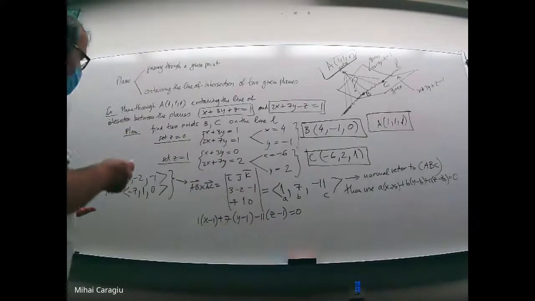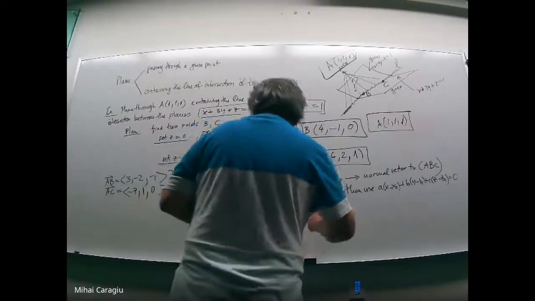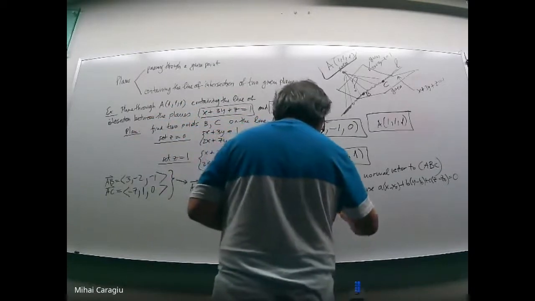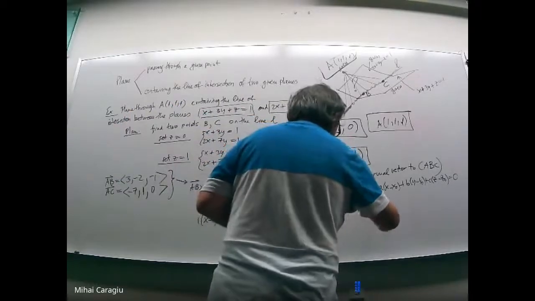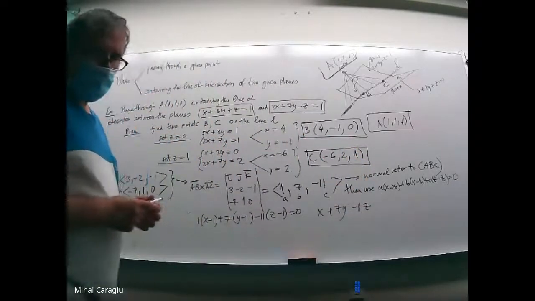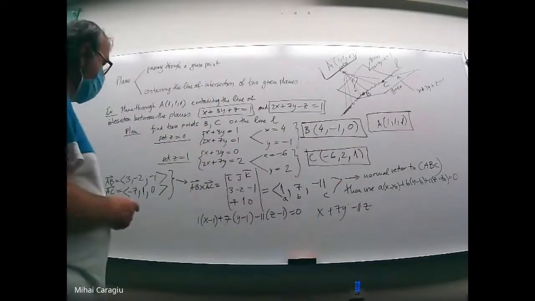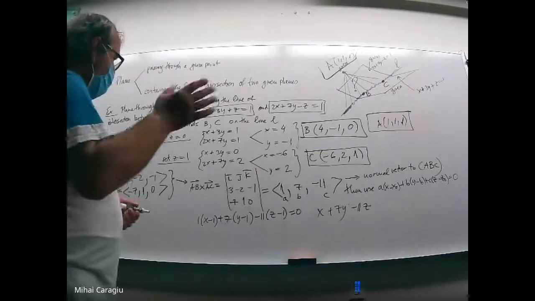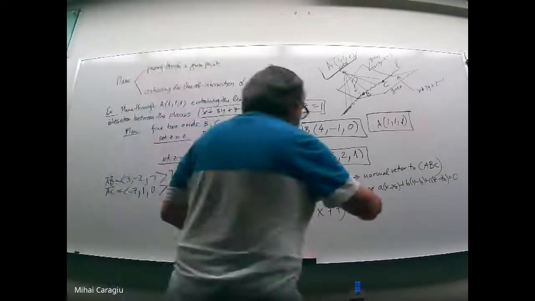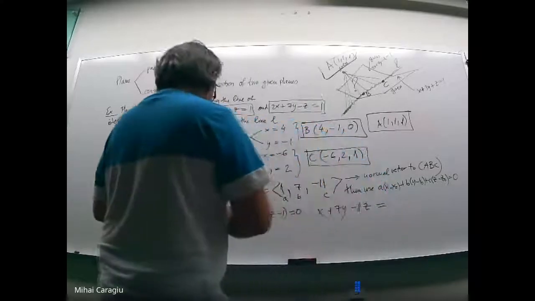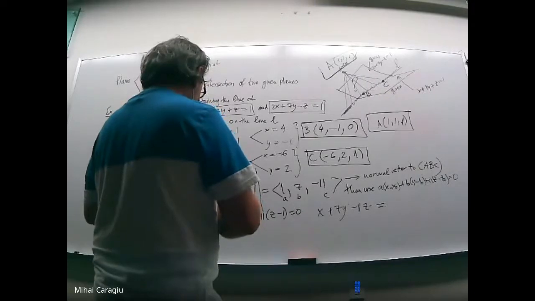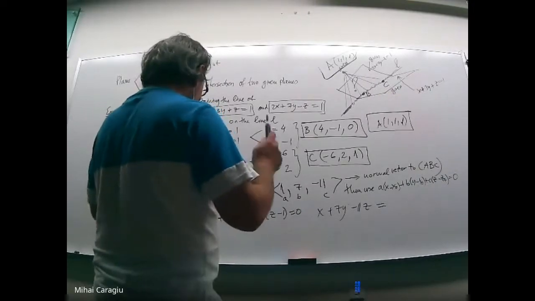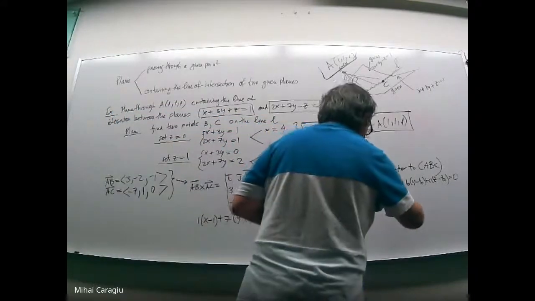So open the parentheses: I get x plus 7y minus 11z equals, move everything to the right, we calculate 1 plus 7 minus 11, which is minus 3.